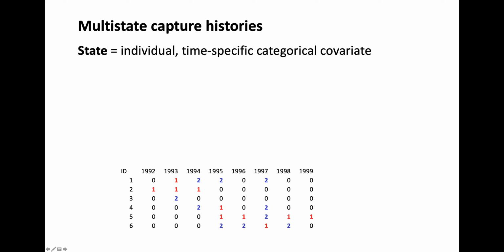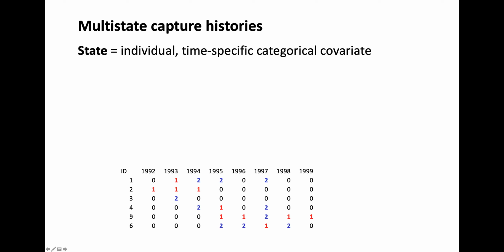So individual, time-specific, and discrete covariate. By categorical, I mean that this variable takes discrete values, possibly different from one occasion to the other. That's the time-specific.